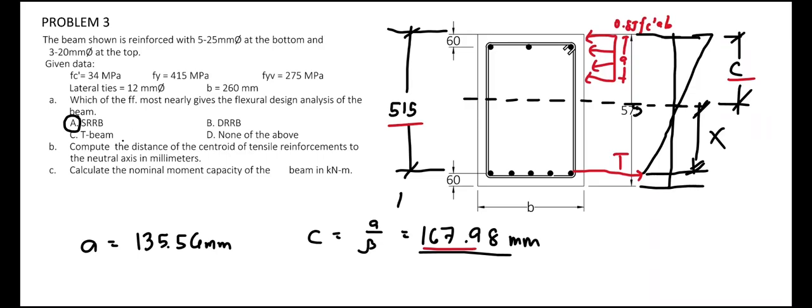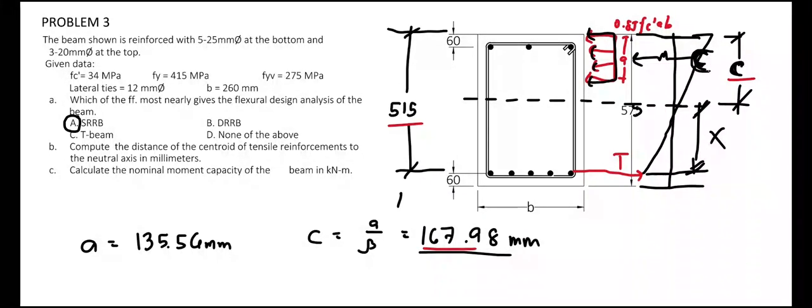And for the last problem, to compute the nominal moment capacity of the beam, given this compression block right here, we can convert this into an overall resultant force that is equal to C, which is different from this c distance here.